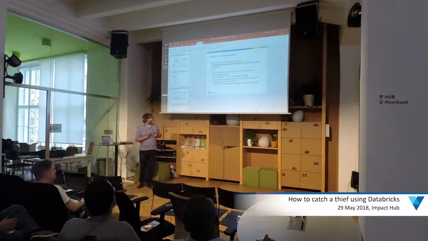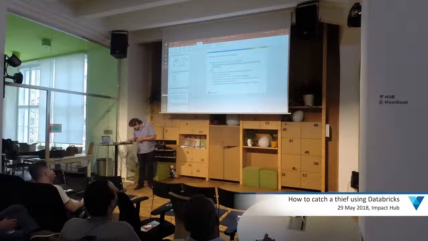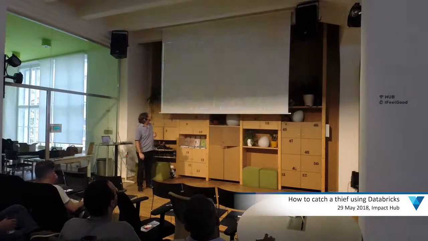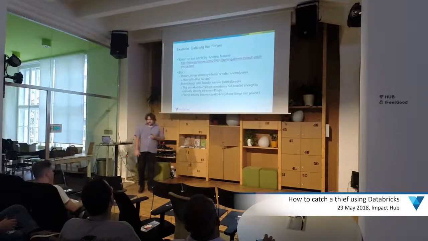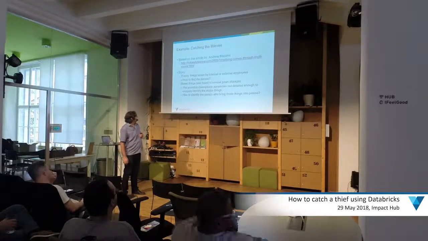Okay, so this was a very brief introduction into Databricks and Spark, and now I would like to show you some of the features Spark provides on an example. For this example, I chose a story written on the blog of Andrew Murray.